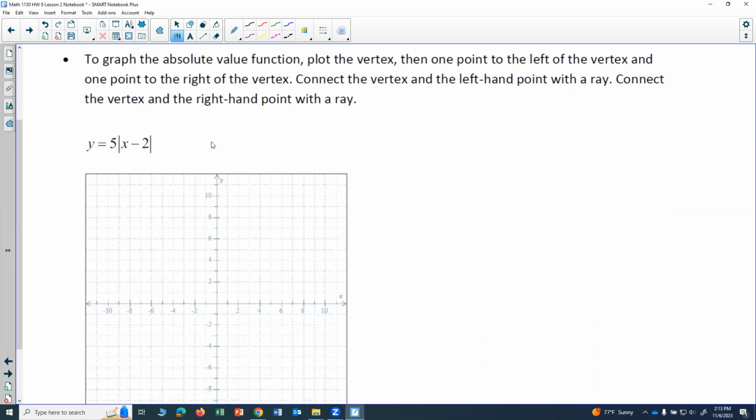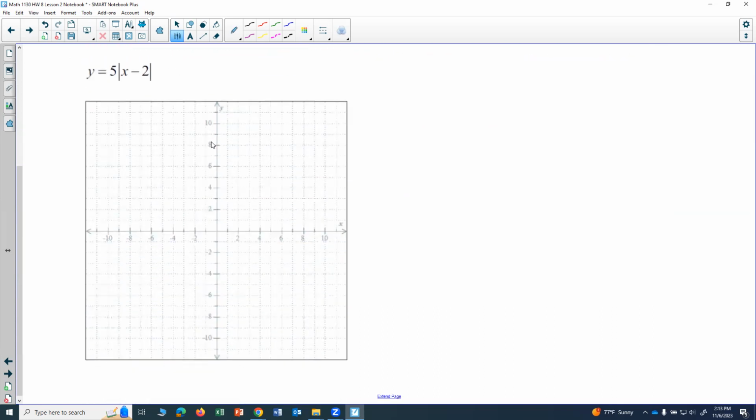Here's an example. I have y equals 5 absolute value of x minus 2. So the first thing I want to do is find the vertex. And the vertex will happen when x minus 2 equals 0, because x minus 2 is what's plugged into the absolute value. So this gives me x equals 2.